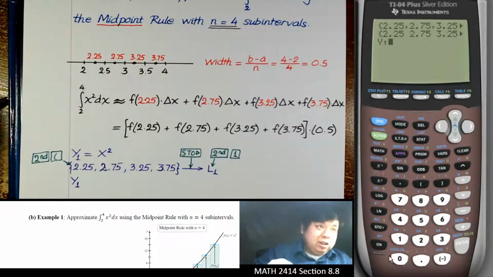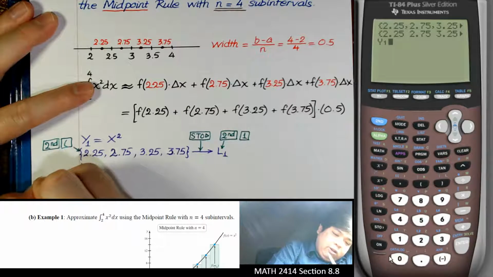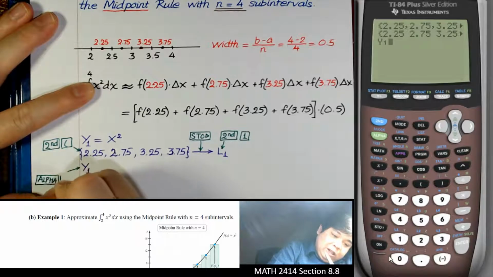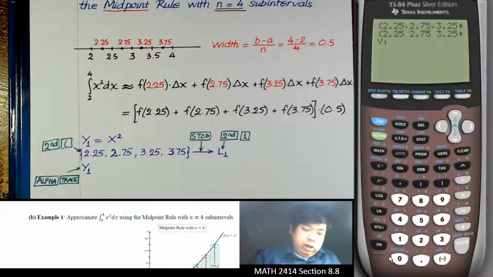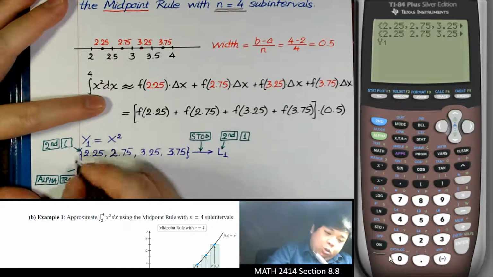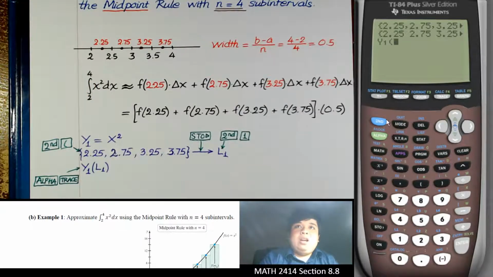So we do y1 of those values: y1, open parentheses, second 1. Right, so we have all those values, which is good.